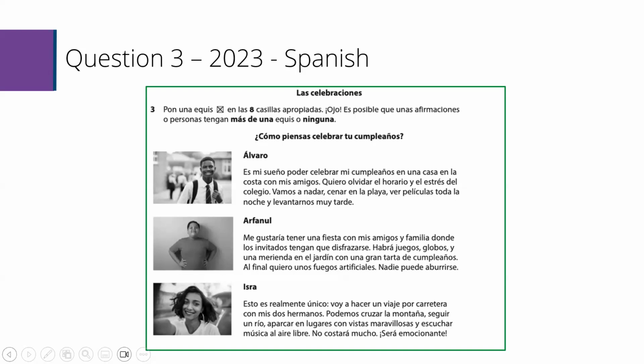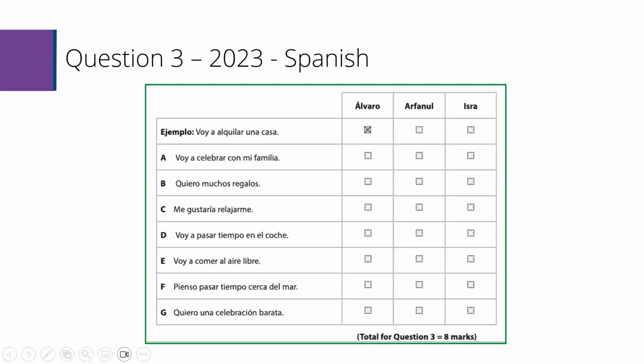Be careful. It's possible that some statements might have more than one cross or none at all. So just in terms of strategy with your students, just make sure that they always look at the number of marks at the bottom.